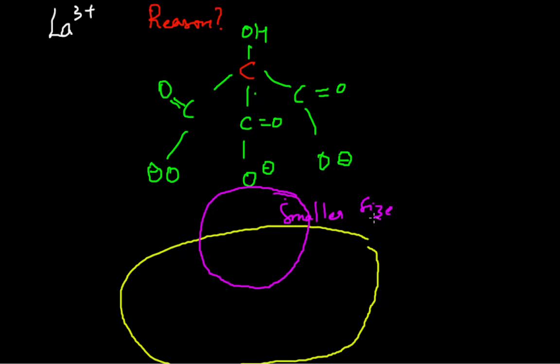Thus smaller, heavier ions spend more time in citrate solution and less time on the resin. Therefore these are eluted from the column first.